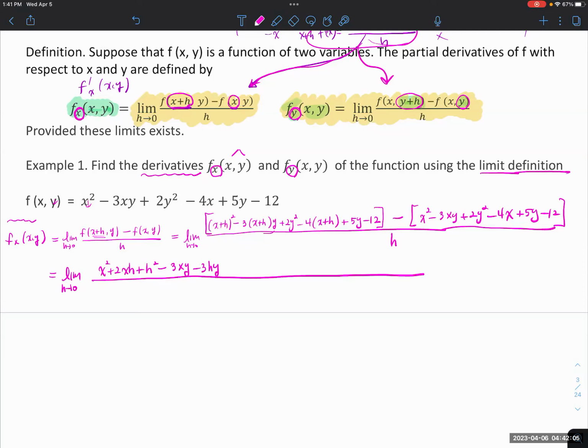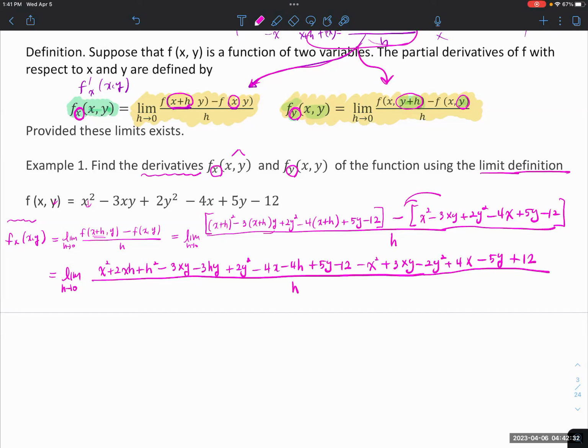I just use all the distributive property. Plus 2y squared, minus 4x, minus 4h, plus 5y minus 12. And we are subtracting the next term, so using the distributive property, negative x squared, plus 3xy, minus 2y squared, plus 4x, minus 5y, plus 12, over h. Whoa, that's a lot.